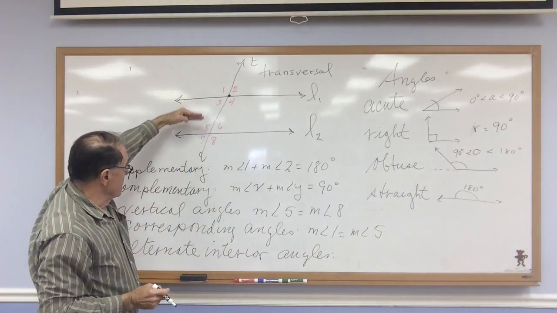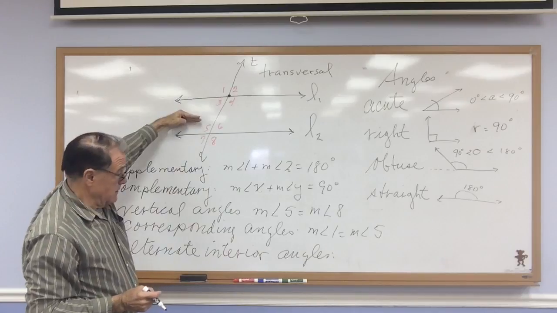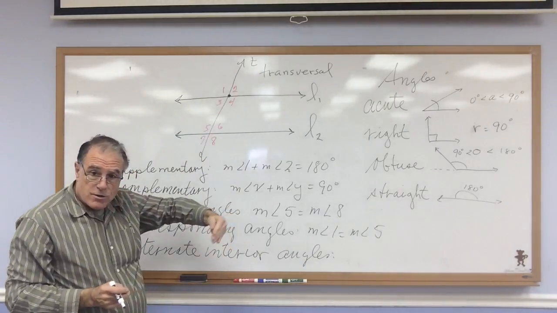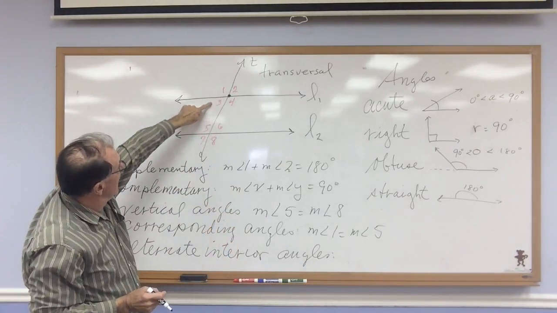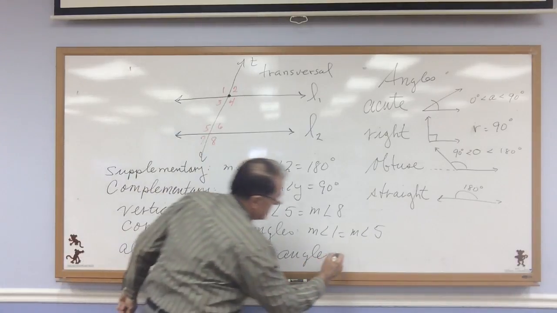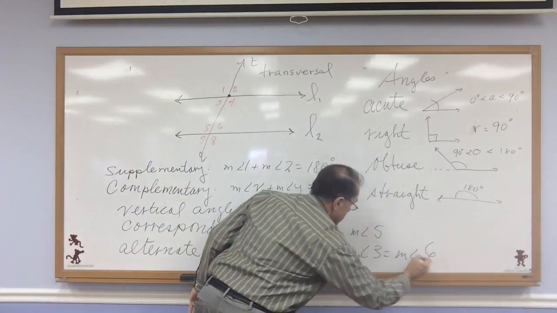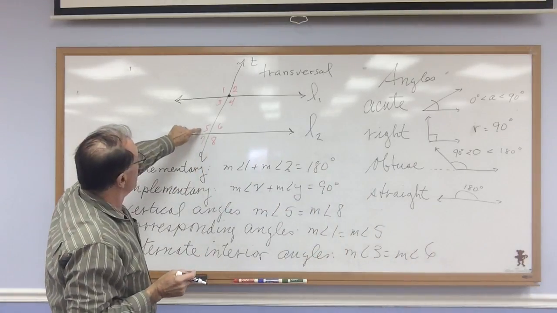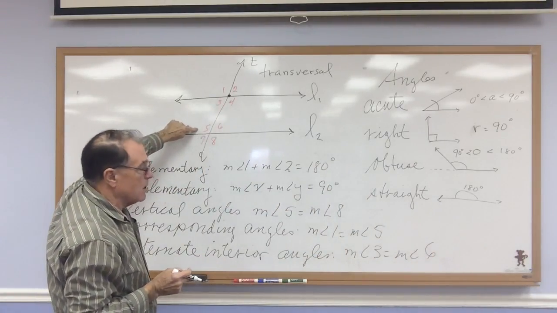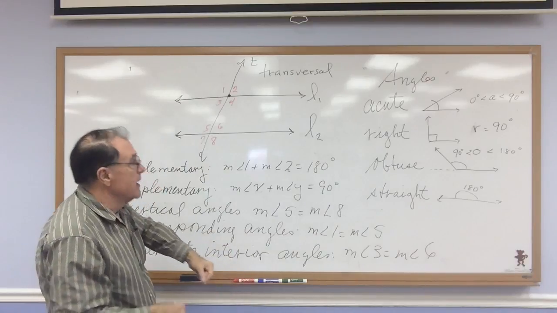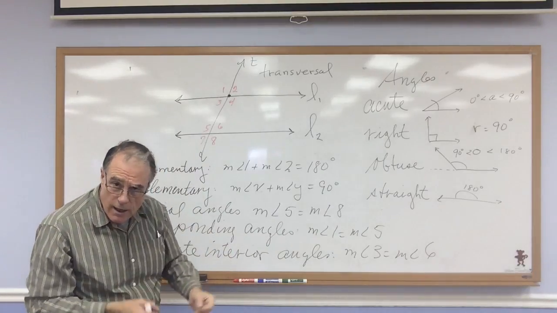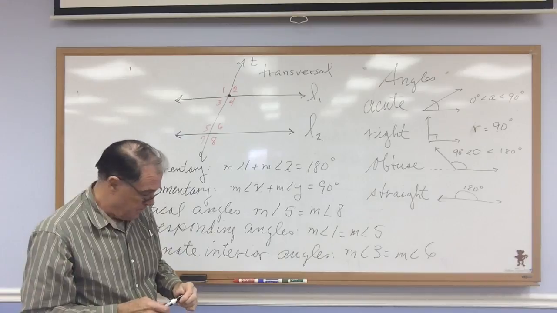Interior, they are inside the parallel lines. Their measures are equal. For example, angle 3 equals angle 6. Measure angle 3 equals measure angle 6. And 5 and 4 are also alternate interior. Their measures would also be equal.